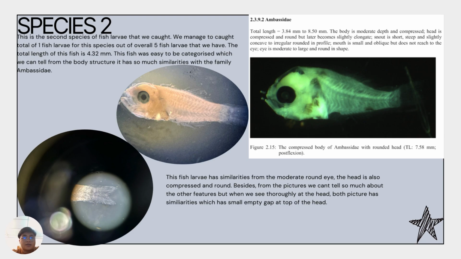I guess that's all about the fish larvae species.